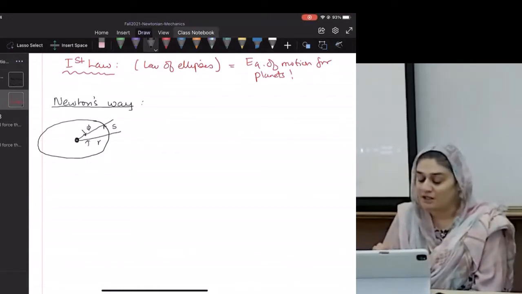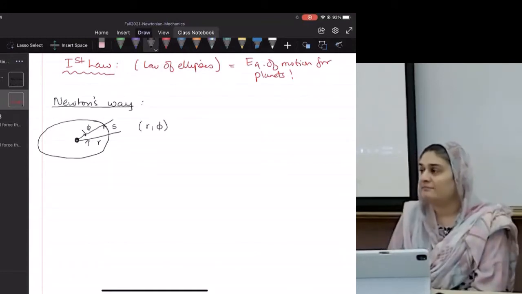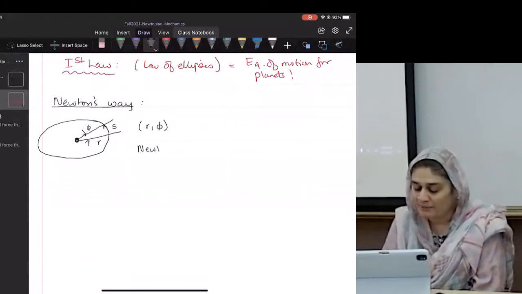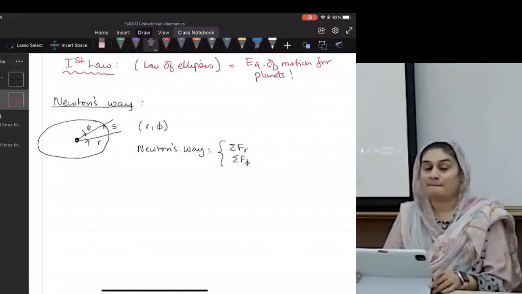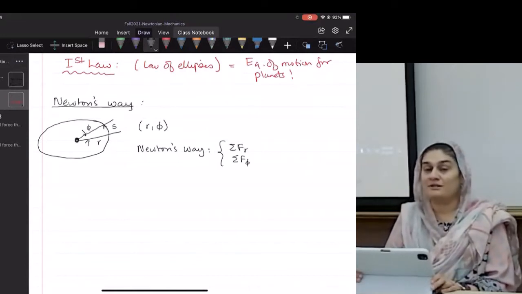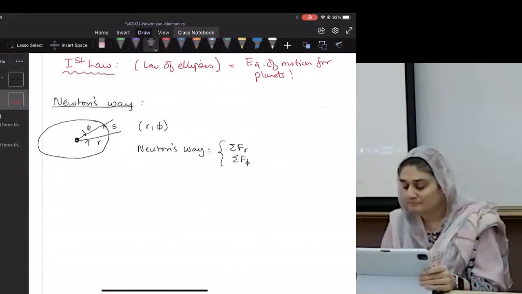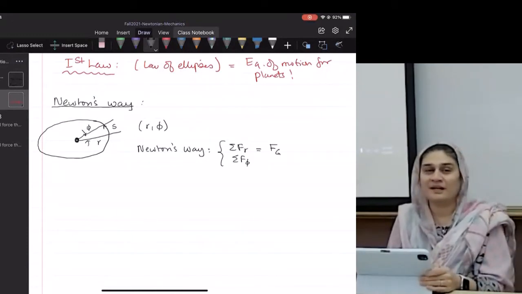So in Newton's laws, we are still going to use polar coordinates, R and phi, because it's a two-dimensional problem. So in Newton's way, how many equations will we have? Good. Which ones? One along the R and one along the phi. What's the force that's acting in the R direction that's keeping it together? Which one? Small g or big G? The big G one, right?